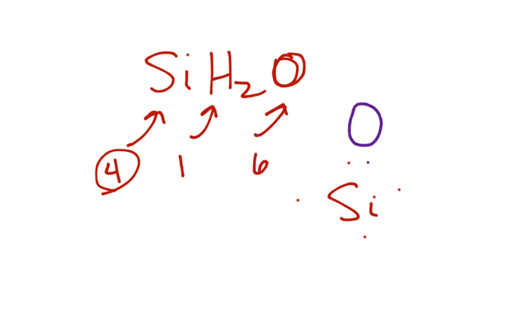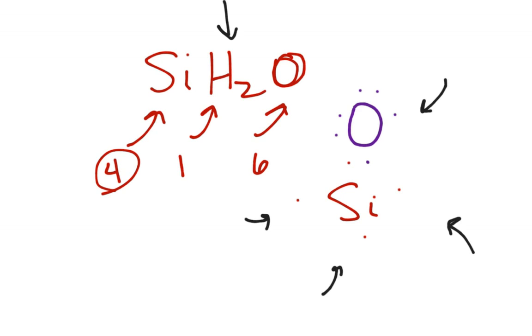Next we'll put on our oxygen, and the first thing that we're going to do is put it so that I can bond it. Okay, my first valence electron is going to go to bond these two atoms together. So 1, 2, 3, 4, 5, 6. Now I notice that I still need 1, 2, 3, 4 places on my atom filled, but I only have 2 atoms to fill them.